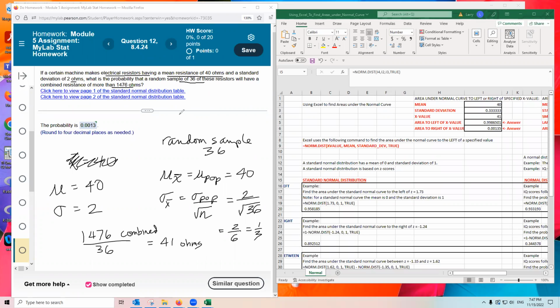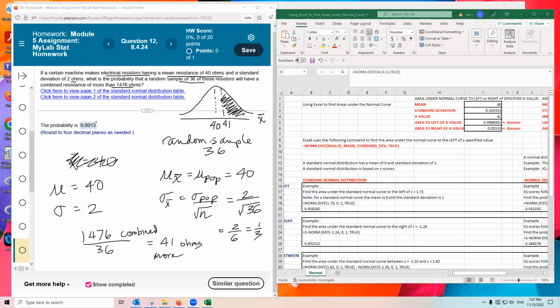So here's what I'm trying to find then. Here is a plot of the sample means. The mean is 40. I want to find the probability of more than 41 ohms. So I'm looking to find this area to the right of 41.